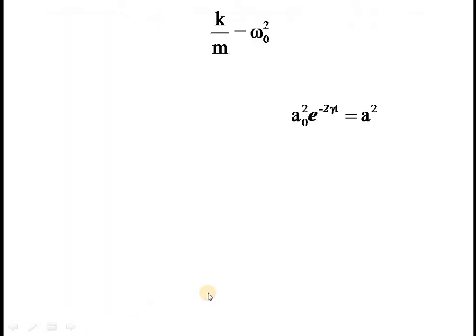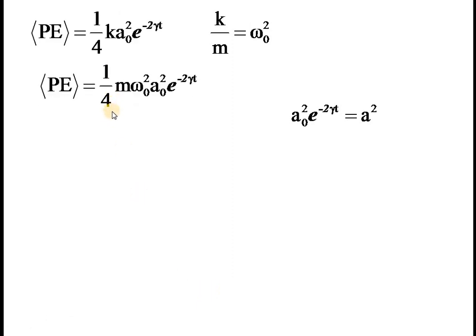Now we can sum up the average potential and average kinetic energy, because this is more physically meaningful. We have already said instantaneous potential or instantaneous kinetic energy are not physically meaningful, we cannot measure them, but average potential and average kinetic energy we can measure. It is a measurable quantity, so we can add them.